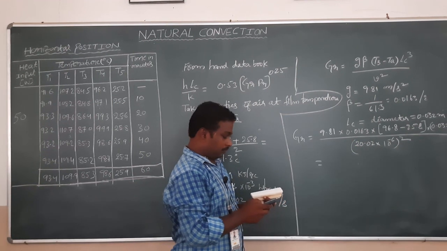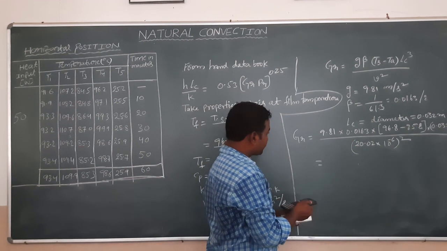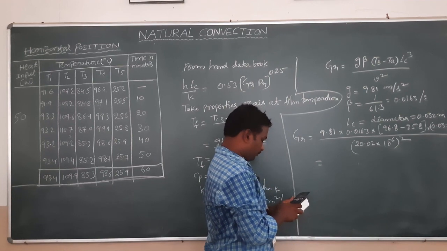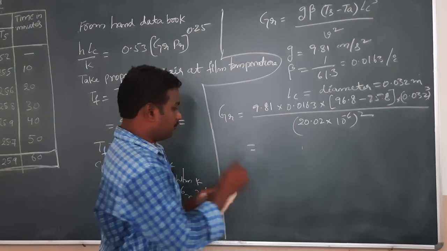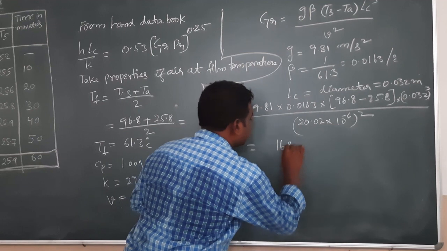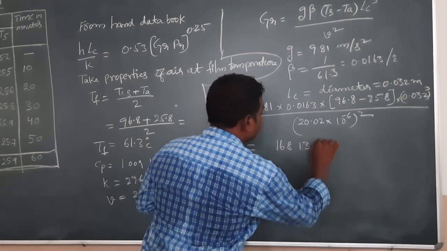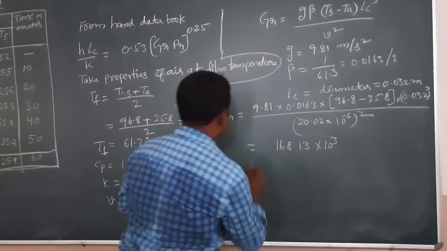Okay. Calculate this value by using the calculator. It is 168.13 into 10 to the power of 3.